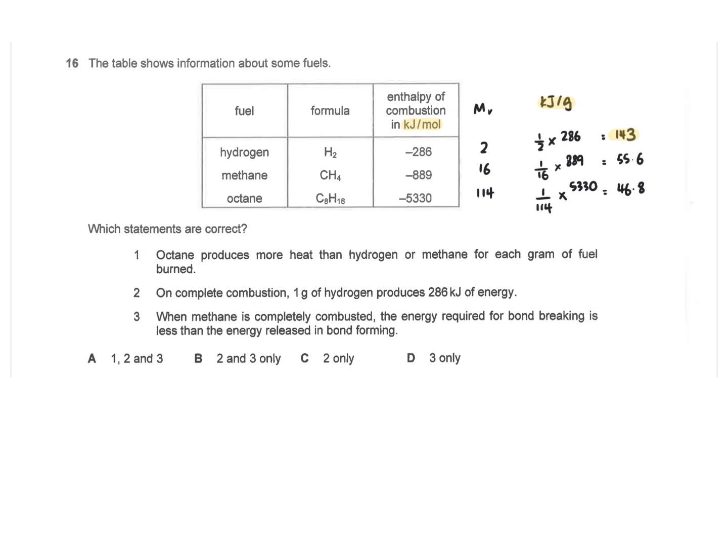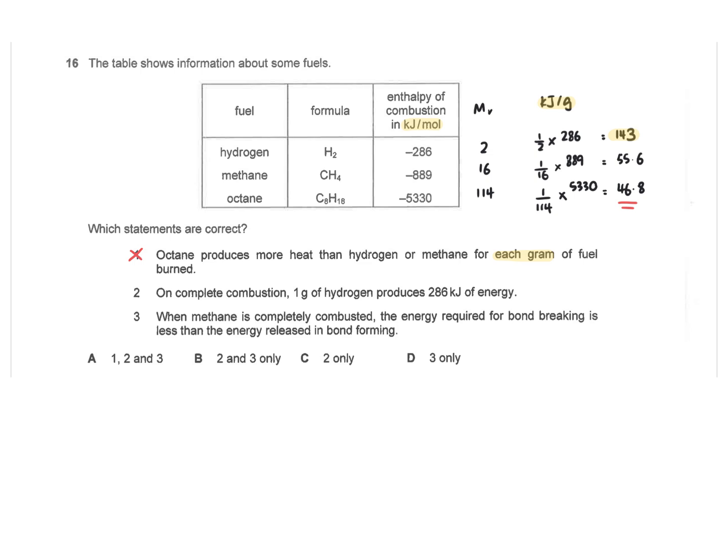So let us now take a look at the statements again. Octane produces more heat than hydrogen or methane for each gram of fuel. This is wrong. We can see from the numbers that octane will produce less heat than methane and hydrogen for each gram of fuel.